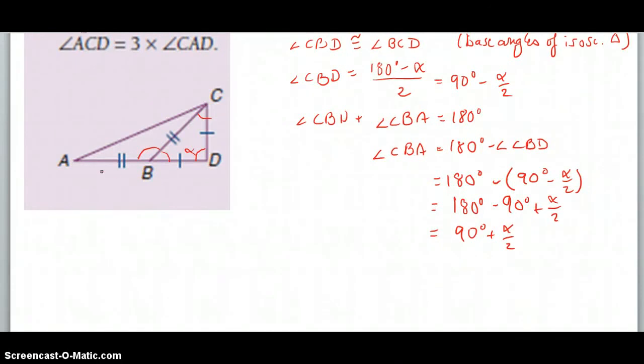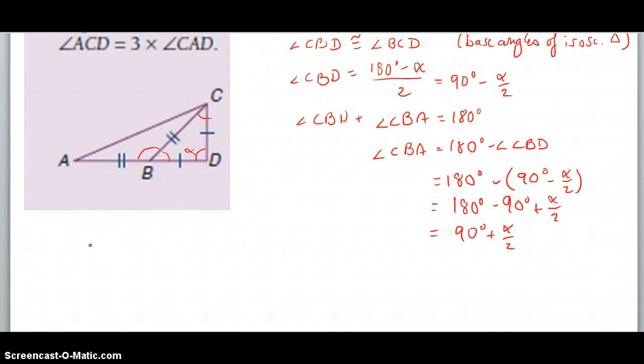Okay, let's carry on calculating this angle here. Again, I have an isosceles triangle. If I subtract 180 degrees minus this angle, I get the sum of these two angles here, the two base angles.